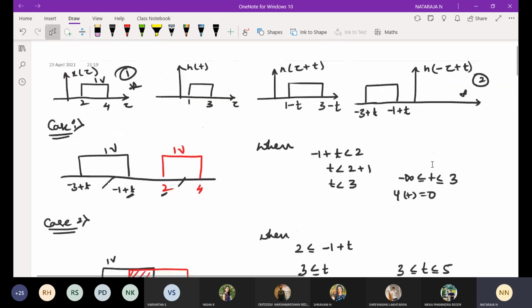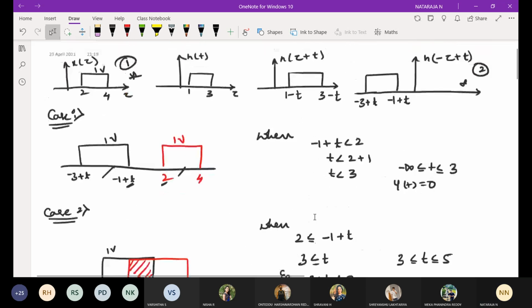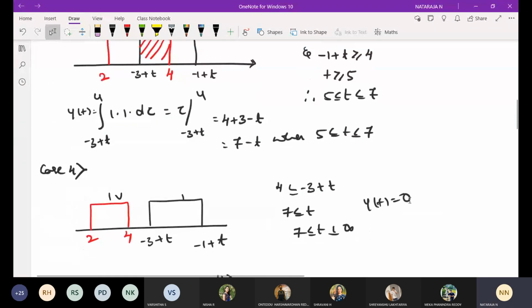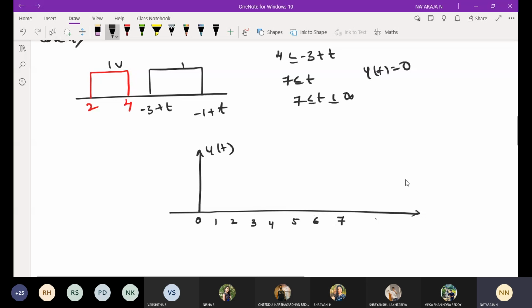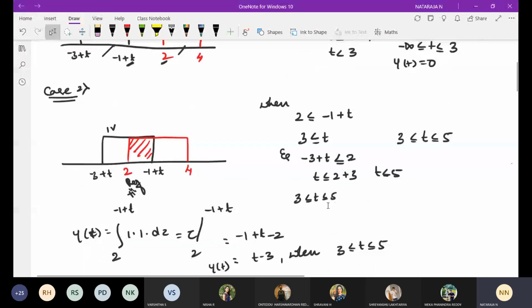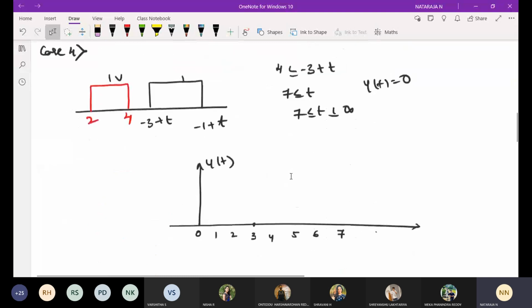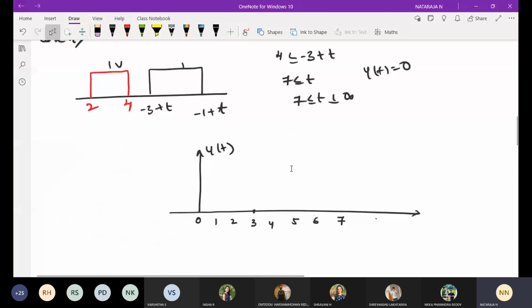Take the first case. Up to 3 it will be 0. From 3 to 5, what is the equation? T minus 3.